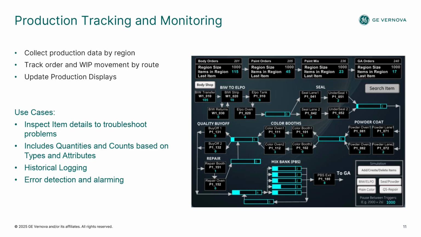And just like in a real manufacturing facility, we have routes defined, and we couple those with triggers from the control system to detect movement of items transitioning from one region to another. The triggers may be as simple as a limit switch. It could be an RFID tag or even a manual or automatic barcode scanner.